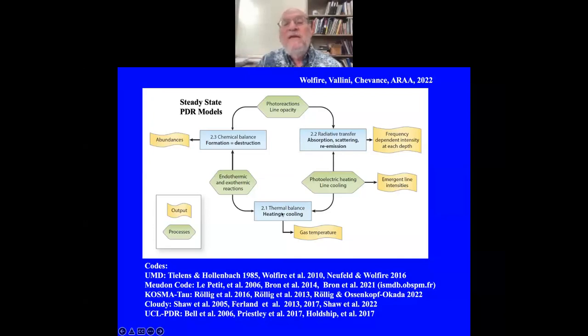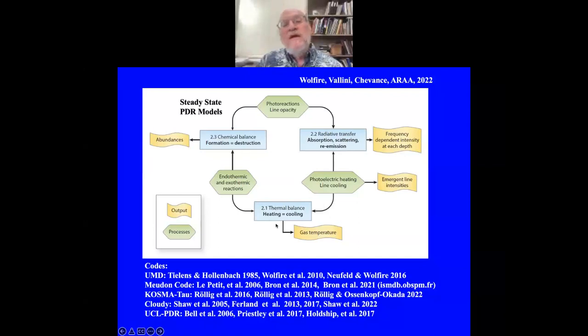But then all of these processes in blue are connected by additional processes. So if you want to find the thermal balance, you need to know the abundances of all the species, but then the abundances depend on the reaction rates, which depend on the temperature. In this chemical balance box, if you want to know the photo rates, you need to know the local radiation field, but the local radiation field also depends on the line opacity and the abundances of species.